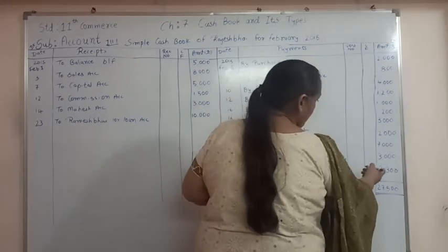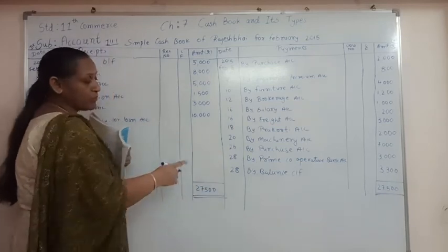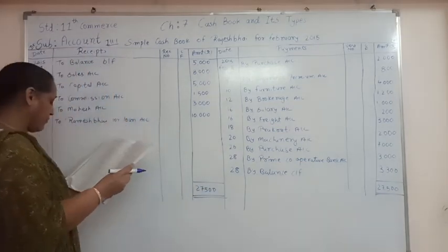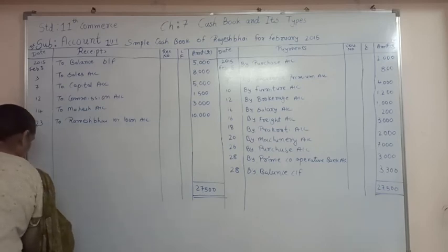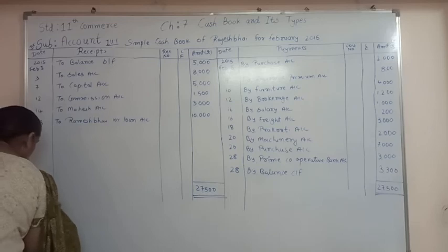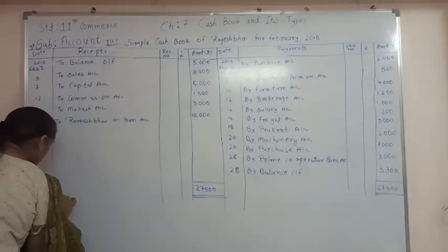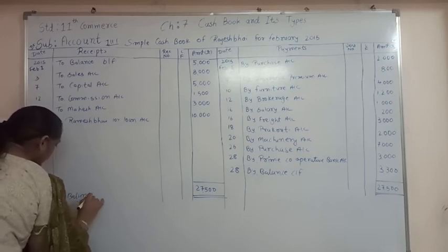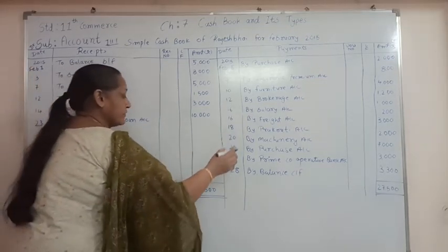This is how we have to find out the balance. This is the balance of the February month that we are going to carry forward to the next month, that is on 2015 March 1st, and it is called to balance brought forward, and that will be 3,300.